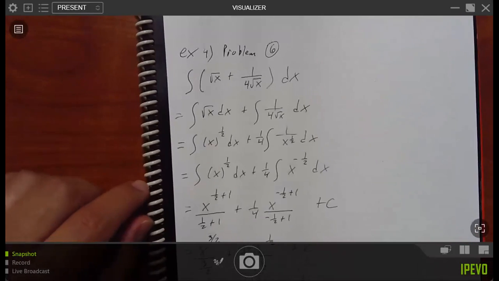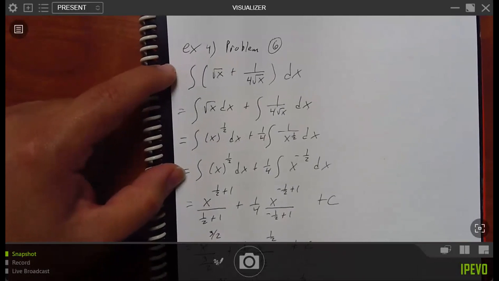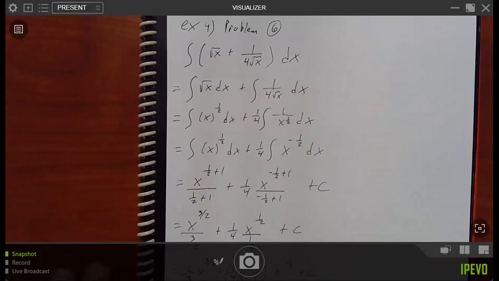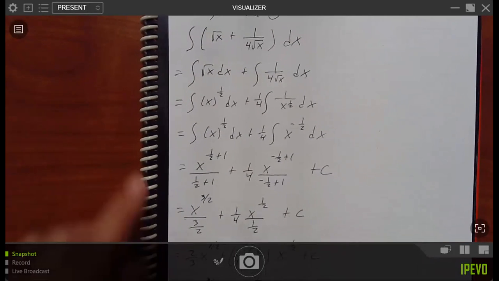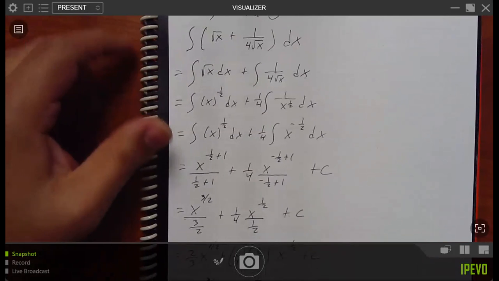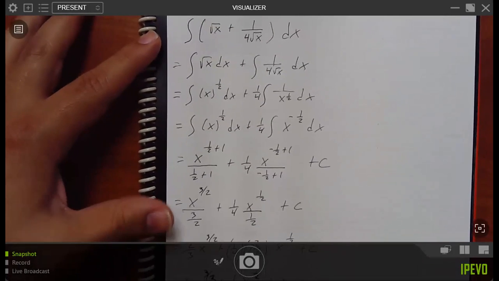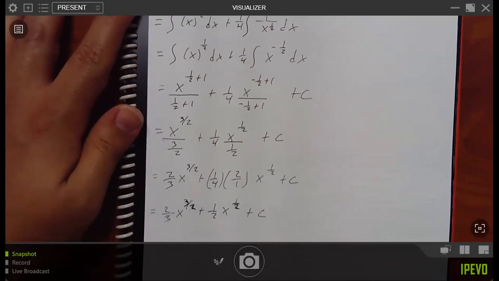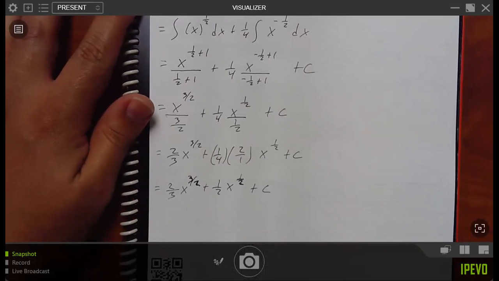So this is the calculus step right here, you guys. Any questions on any of these steps? No, sir. Does it make sense?